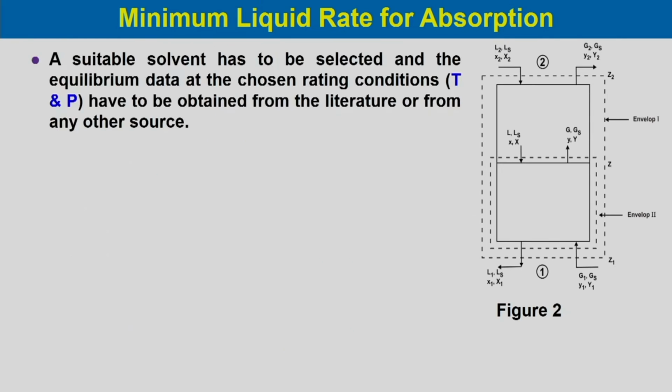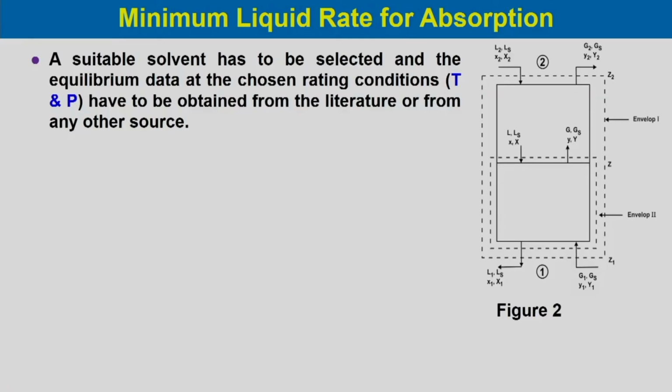Now, a suitable solvent has to be selected for the absorption process. The equilibrium data at a chosen rating condition, that is temperature and pressure conditions, have to be obtained from the literature or from any other source.